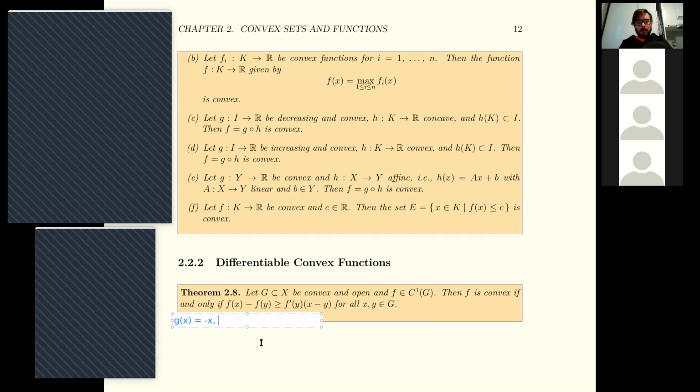So if I take the combined function g of h of x, then that's minus x squared, right?